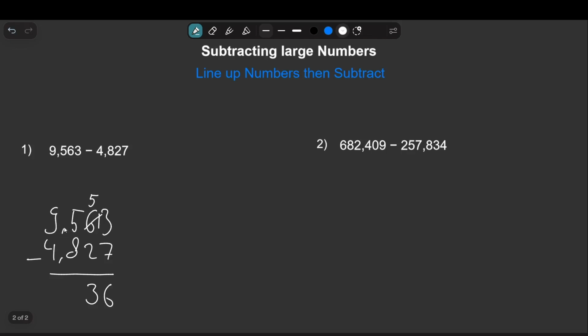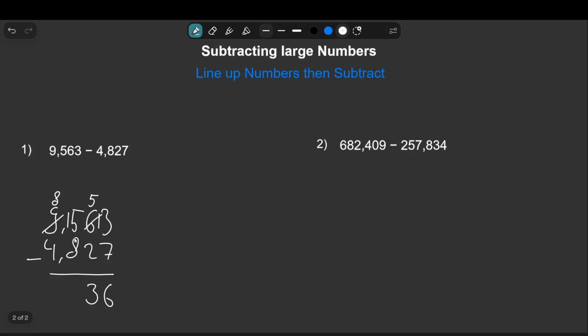So, now we have to borrow from the 9. And, as you know, this 9 has a value of 9,000. So, actually what we do is, we don't just borrow 1, we borrow 1,000. So, we have 1,500 minus 800 right here. But we can just see it as 15 minus 8.